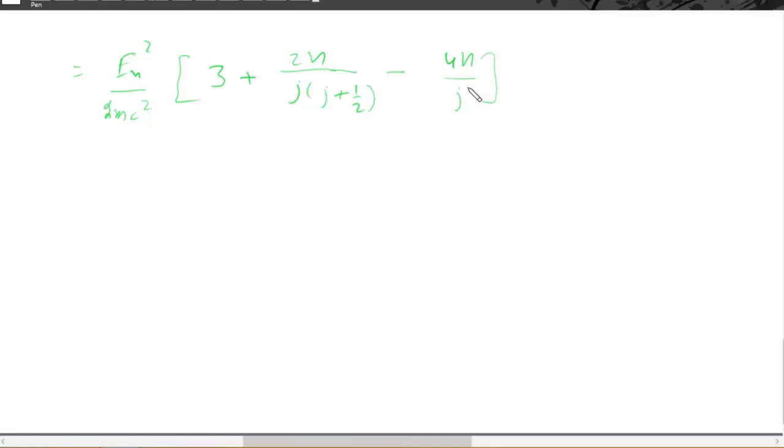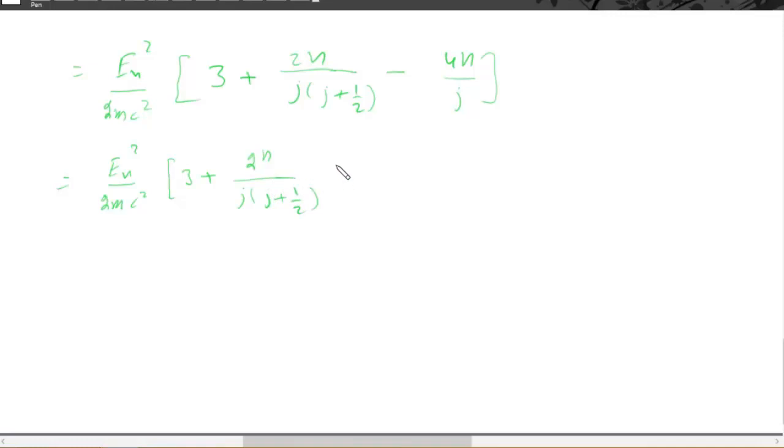Okay, now we can simplify these equations. Then E_n squared divided by 2mc squared, 3 plus, we take common this term as a whole, 2n divided by j into j plus half.